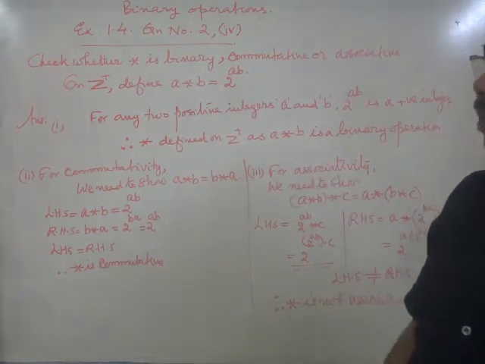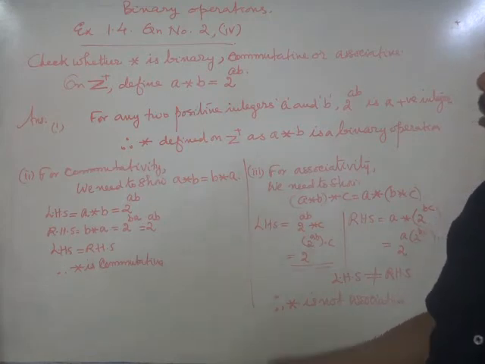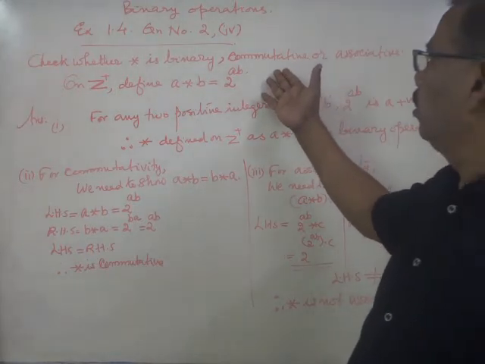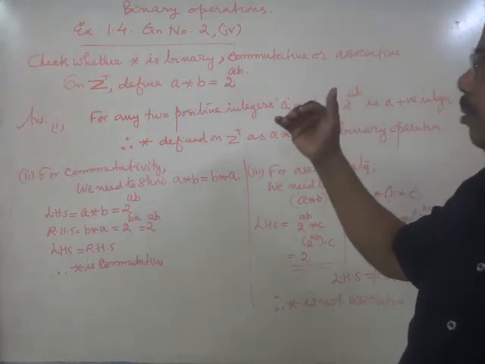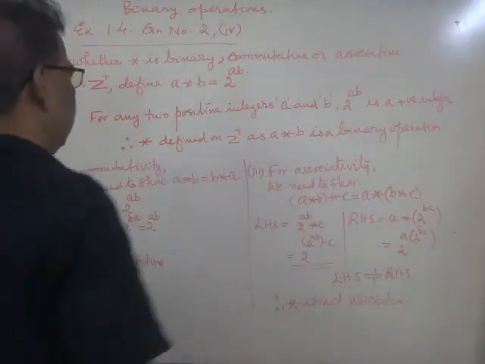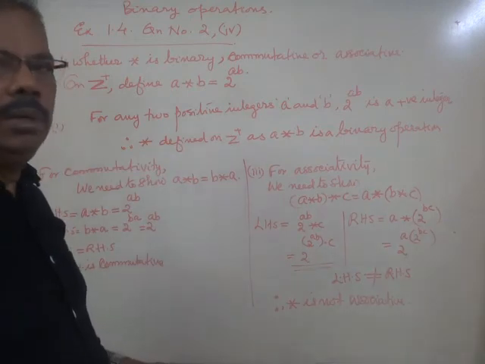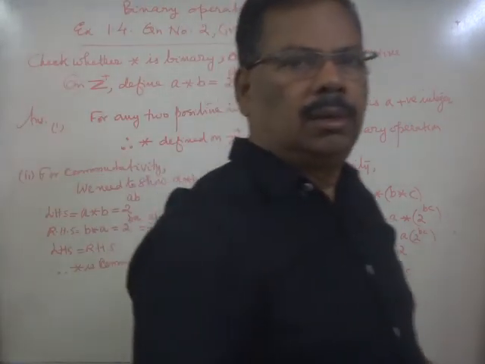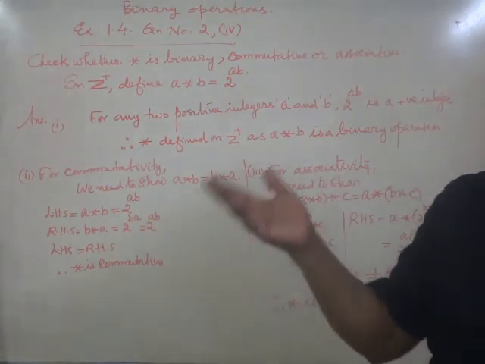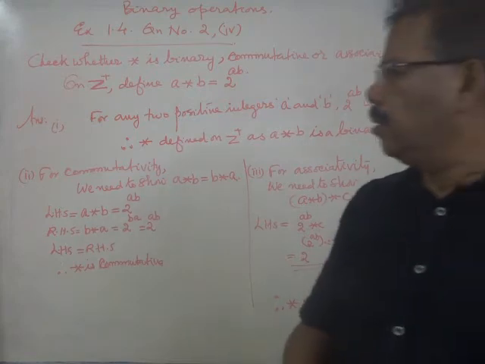We have to check whether it is a binary operation, whether it is commutative or associative. First part, for any two positive integers a and b, 2 raised to ab will be a positive integer. Therefore, the operation said here is a binary one.